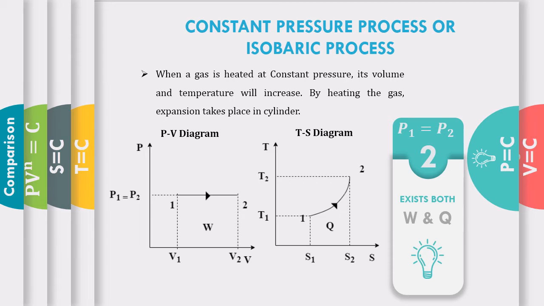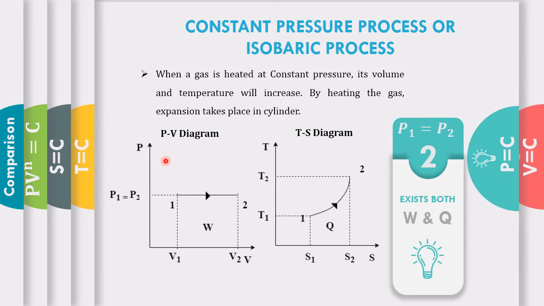When the cylinder is filled with gas and we heat the gas at constant pressure, by varying the weights we can maintain the constant pressure inside the cylinder. The gas varies its volume and the temperature keeps on increasing. That process is said to be a constant pressure process or isobaric process.